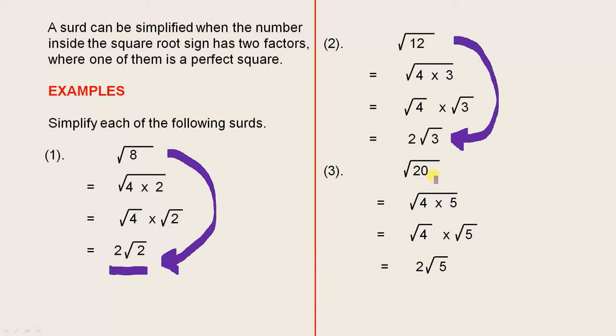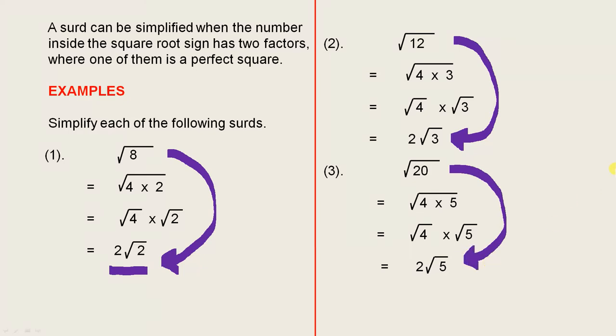For the square root of 20, we have the square root of 4 times 5. We've seen that 4 is a perfect square, so we write that line in this fashion. The square root of 4 is 2, so that's 2 the square root of 5. So the square root of 20 can be written as 2 the square root of 5.